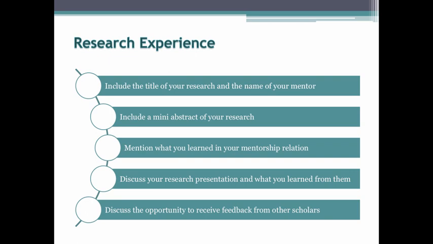Of course, you want to include who your mentor was for this paper, because you never know in the admissions committee if that professor is well known in their own field, or if someone in the admissions committee knows that professor, because the world is small, and especially in academics, in the field that you're studying, a lot of professors know each other.